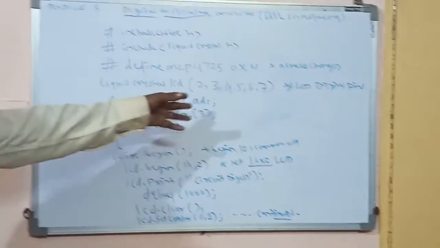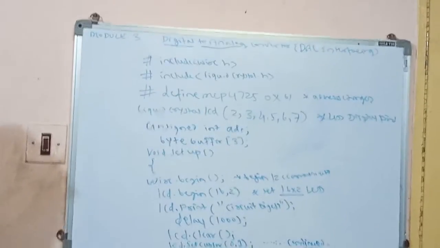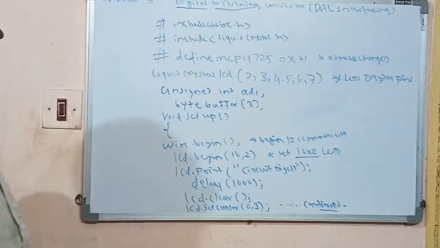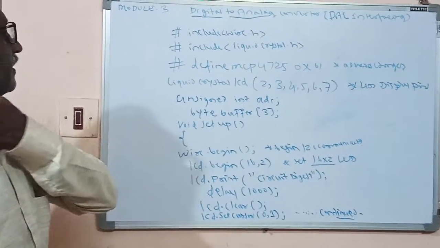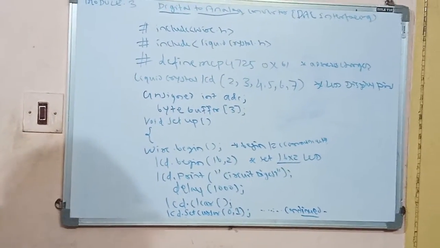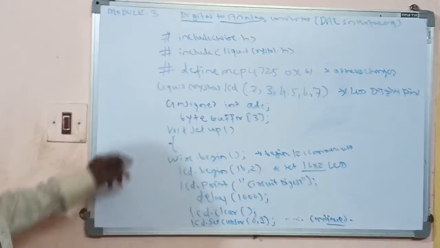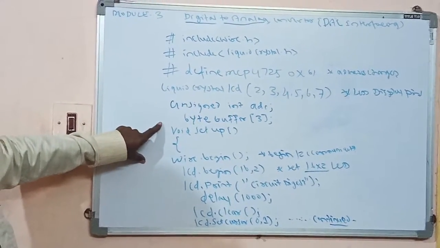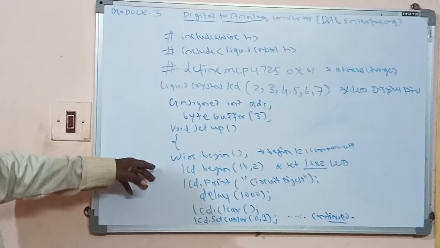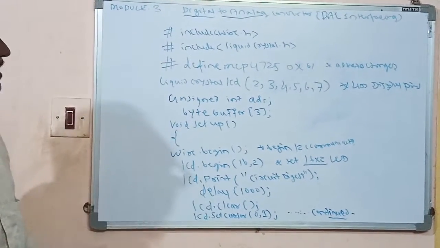So unsigned integer, you can declare it as analog to digital converter. Byte buffer, you can select it as 3. Buffer means storing the information at the beginning, 0, 1, 2, 3 like that. And begin the void setup and start its operations.